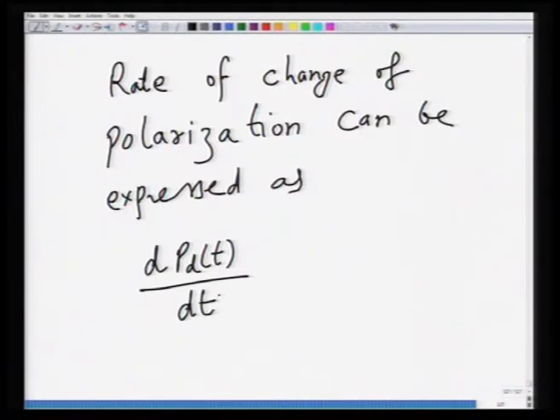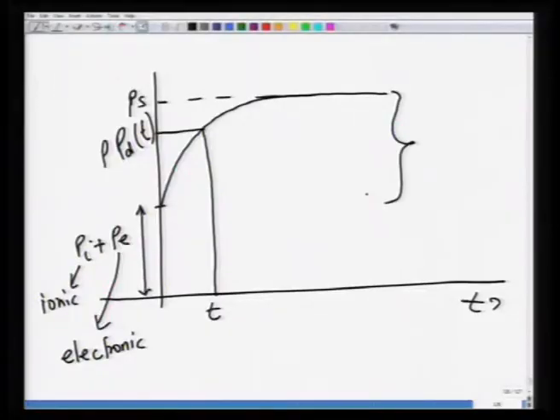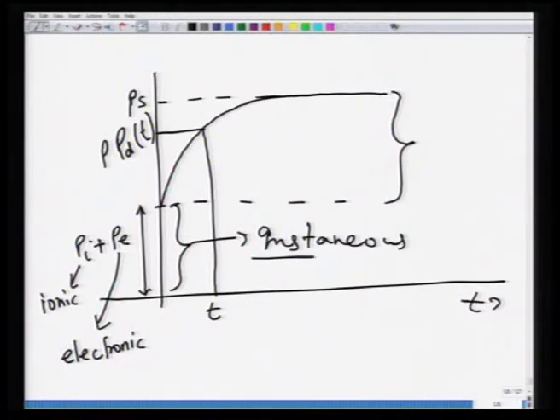So, we are talking in the regime which, if you go to the previous plot, is this regime basically. This is the instantaneous polarization, and this instantaneous polarization is because of ionic and electronic mechanisms, and since they are too fast, they develop almost instantaneously, but for the dipolar polarization to occur, it takes time.